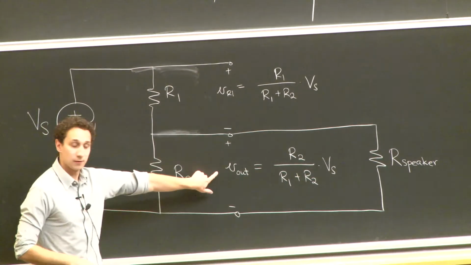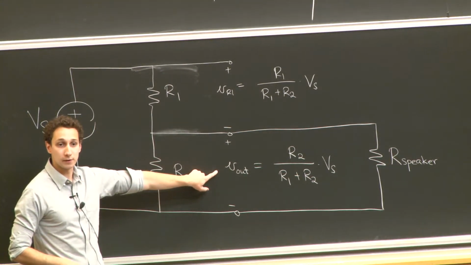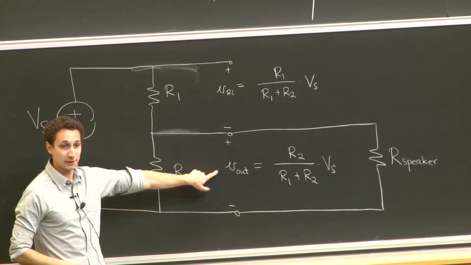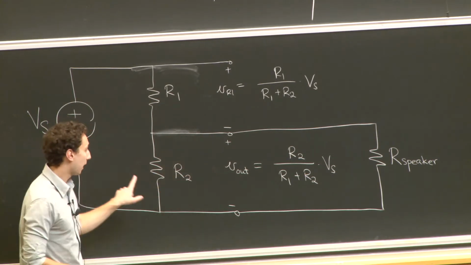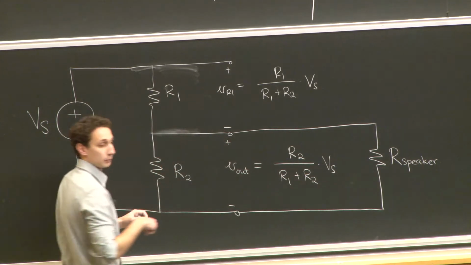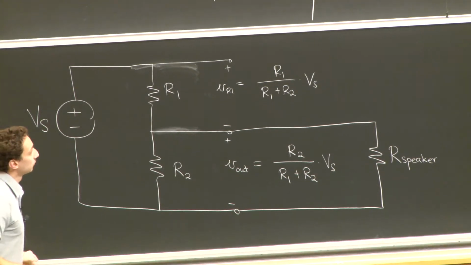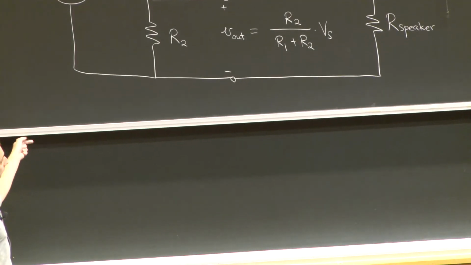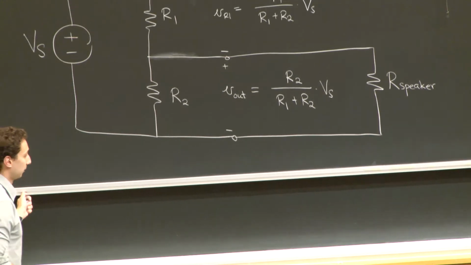Now, does this expression for V out still apply anymore? No. It's not right, right? Is it clear to everybody why? Now I have a new resistance.